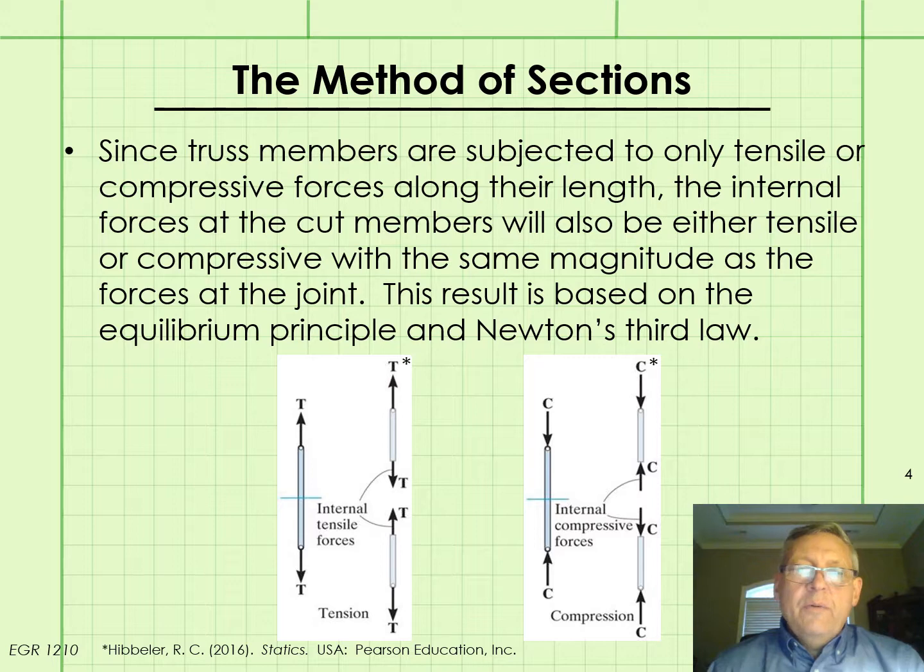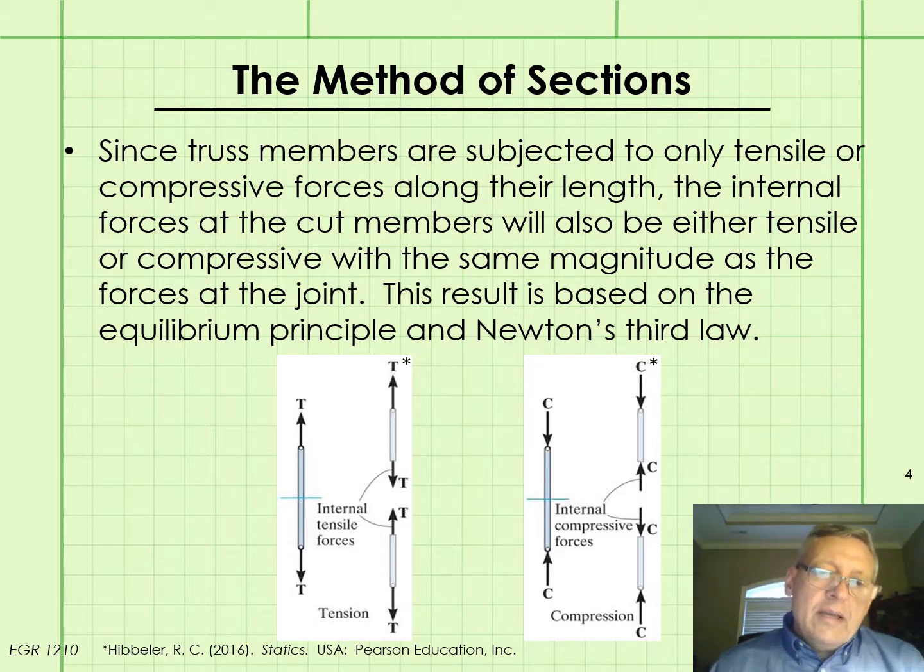So if we cut through a truss member, the force that we would show at the cut in a free body diagram is no different from the force we would show if we removed that member from a pin joint. It'll be the same magnitude and same direction.